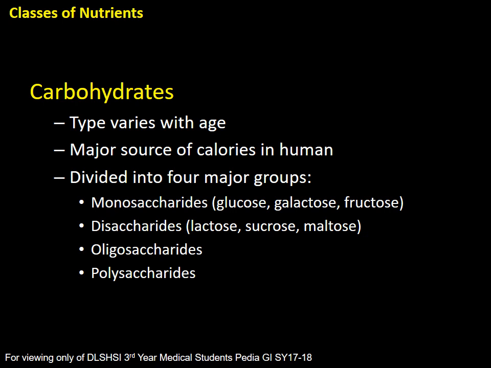In infancy, lactose accounts for most of the dietary carbohydrate, while in older children and adults, starch makes up most of the ingested carbohydrates, with smaller amounts of lactose and sucrose. Carbohydrates can be divided into four major groups. We have lactose, which can be hydrolyzed to glucose and galactose.